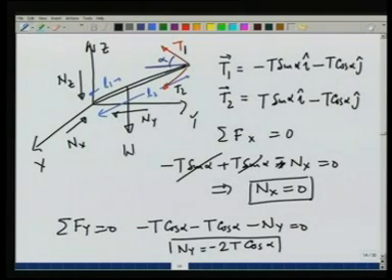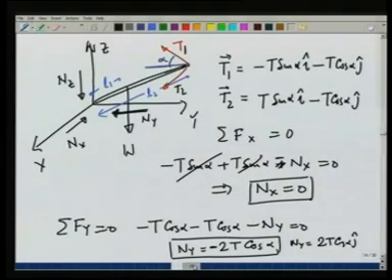So, N_y has a magnitude of 2T cosine alpha, and the negative sign in front indicates that it is in the direction opposite to what has been shown in the figure here, going towards the origin. So, N_y is actually 2T cosine alpha j.